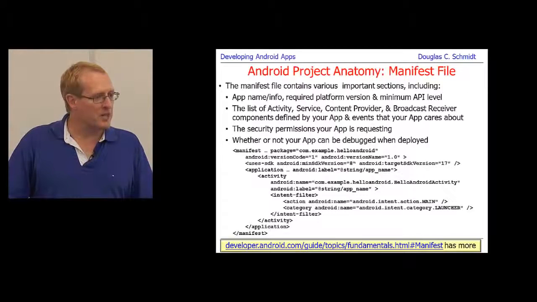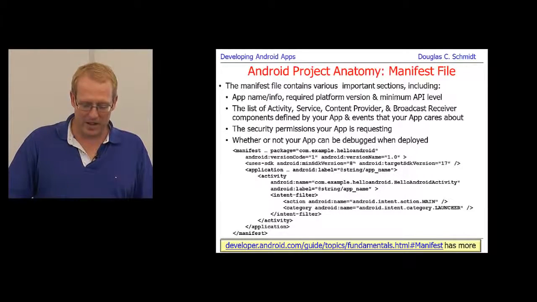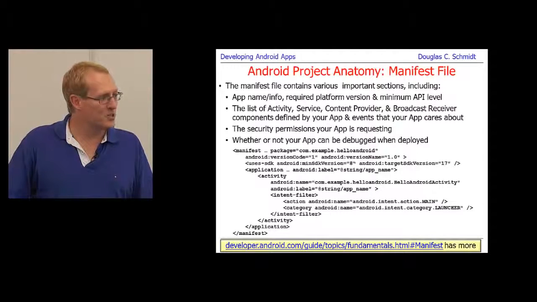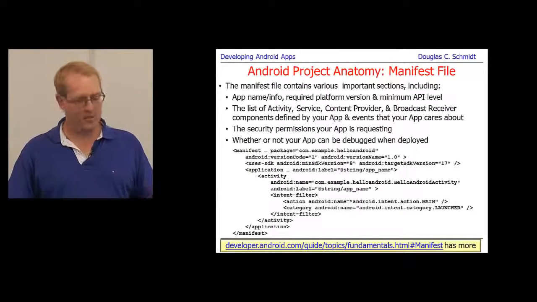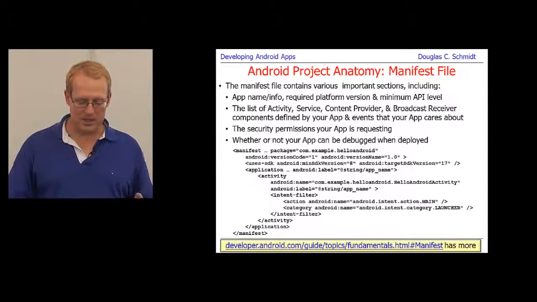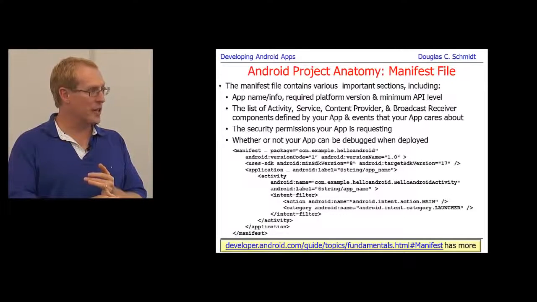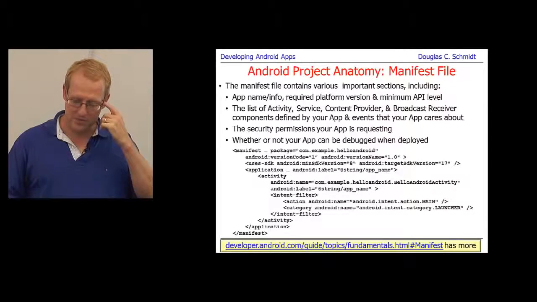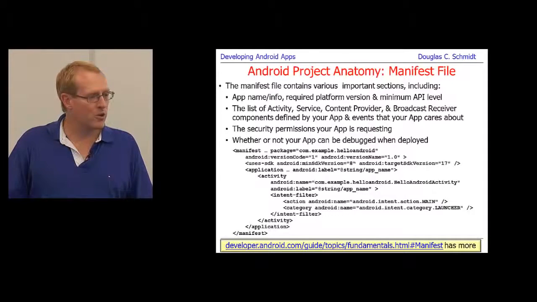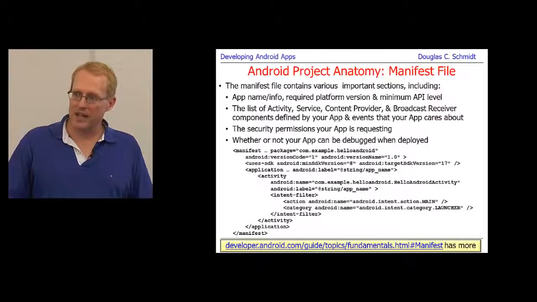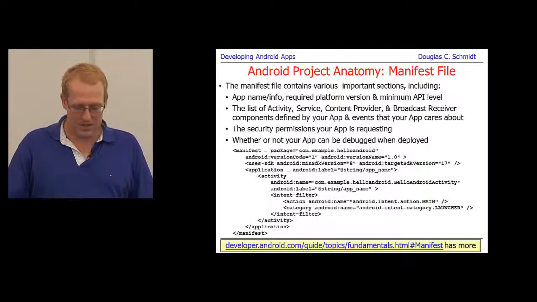There's a bunch of information that's contained in a manifest file. And once again, this is something that is really worthwhile exploring in the source code of Android itself. I'll take a quick look in a second just to give you a peek at this. But here is some of the information that's typically provided in the file. There's typically stuff in there that says the application name and some information about the application, like its required platform version, what its minimum API level is that it's been compiled against.